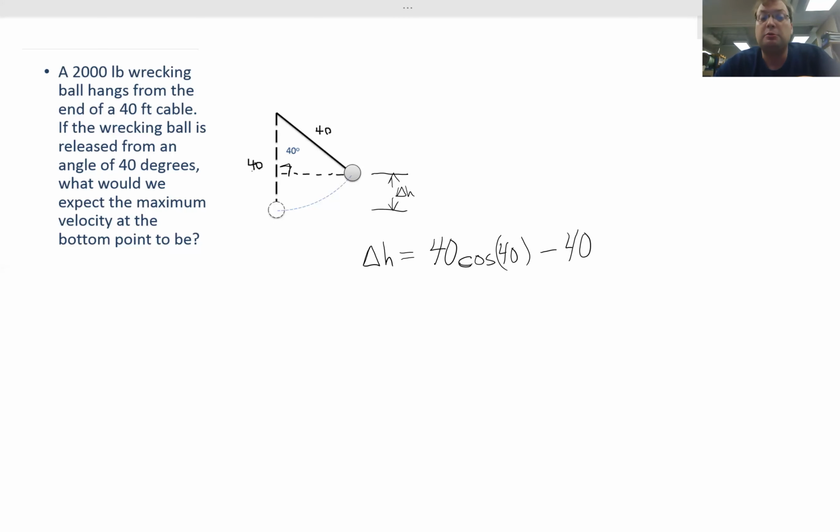We're subtracting off the vertical portion of that triangle to know how much we're really dropping in height. When we complete that calculation, 40 multiplied by the cosine of 40 degrees, we obtain a change in height of negative 9.36 feet.